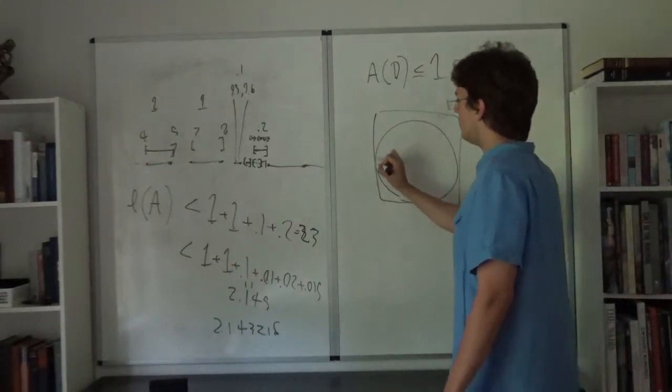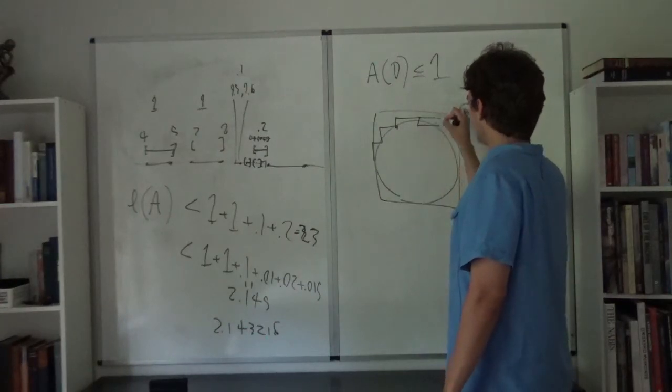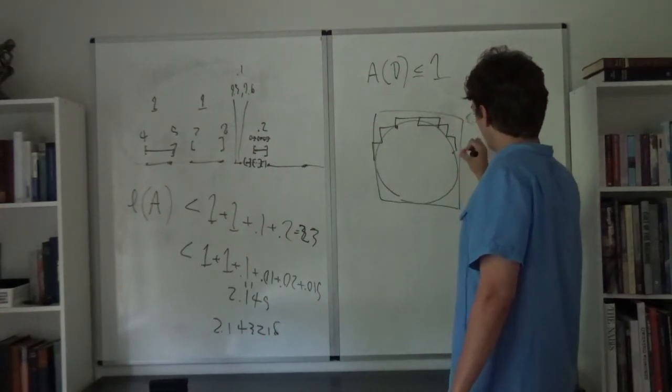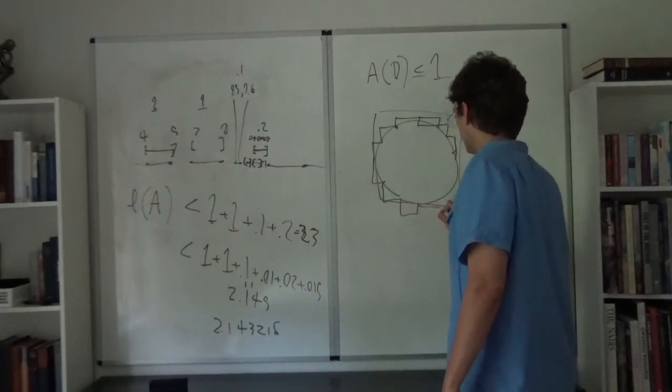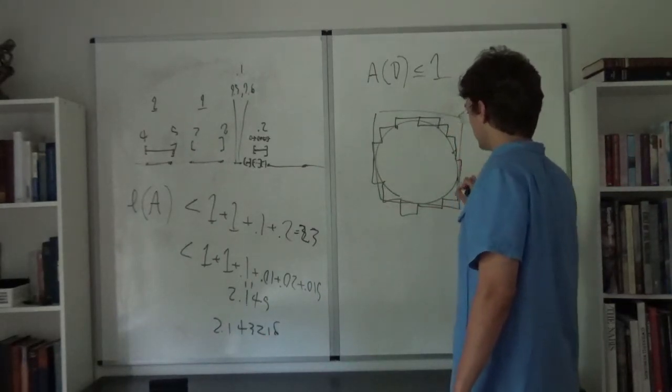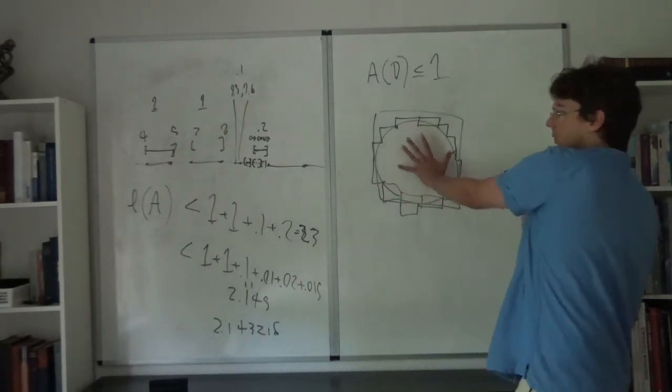And then I take a better approximation that's boxy like this, made up of a bunch of little squares, because I understand squares. A whole bunch of squares inside of here.